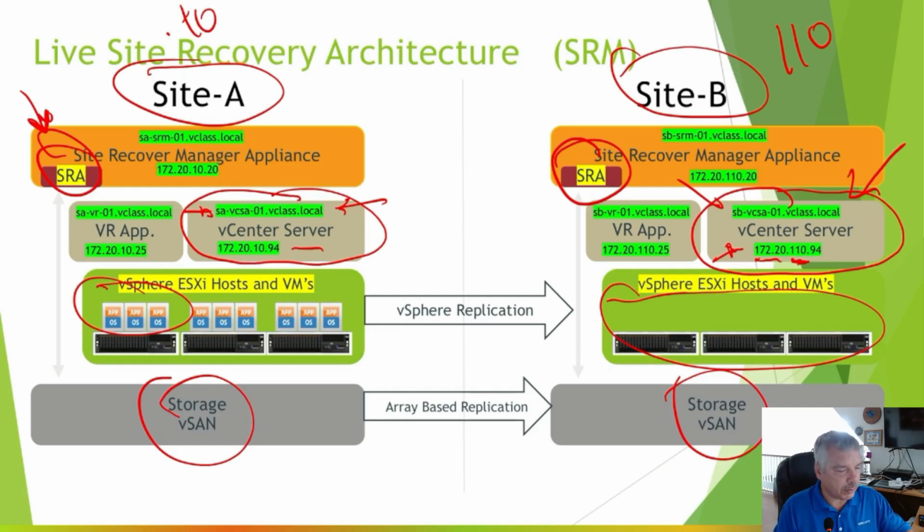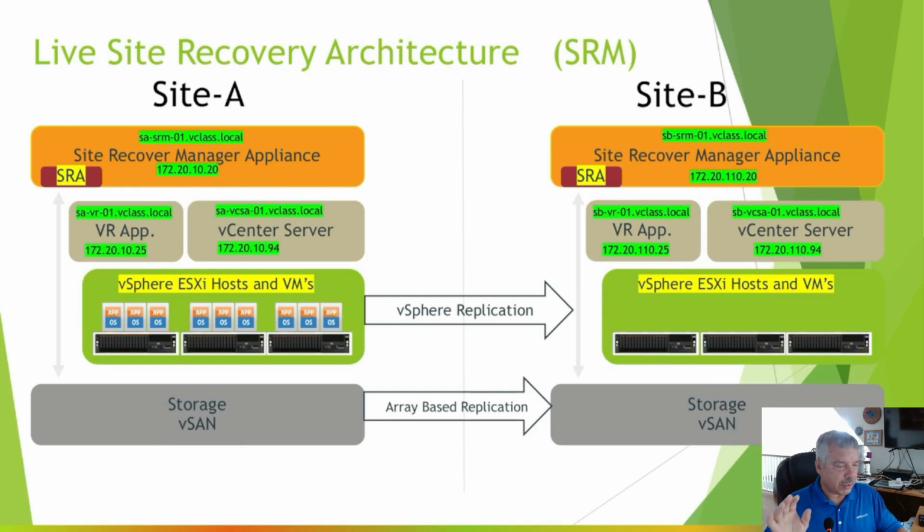What I'm going to do here is on Site B, you'll notice I've got my Site Recovery Manager appliance. There's its fully qualified domain name, sb-srm-01. Again, I don't have much of an imagination, and I like to use the same names we use in our lab environment, in the classroom environment, so in case I have to use my kit to do demos in classrooms, it follows along with the course material.